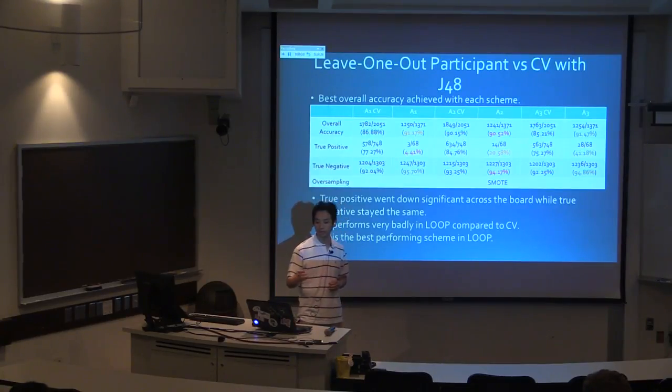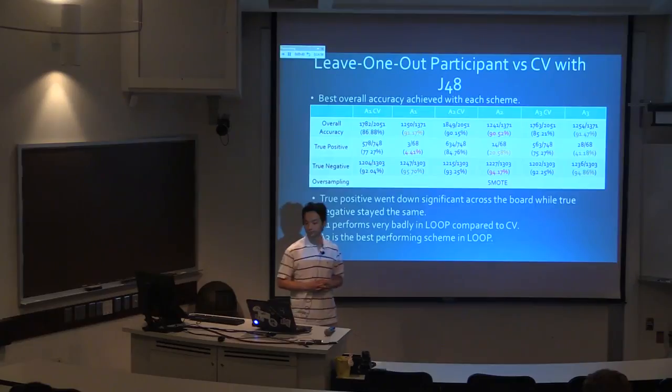True positive used to be 77% with cross-validation. Now with this new analysis technique, we're getting 4%. A2 and A3 likewise also experienced a drop, but not as significant as A1. So what that tells us is that cross-validation might not be the best method to test the performance of difficulty classifiers.